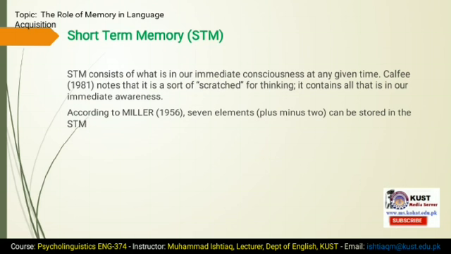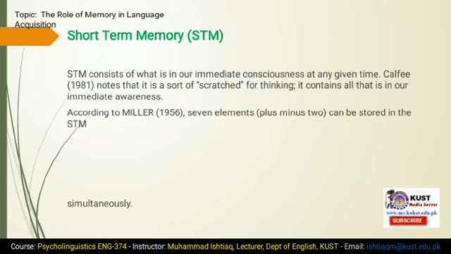There can be nine or there can be five, but generally seven is the median point, meaning up to seven elements can be stored in the short-term memory. Sometimes we can store nine elements, or sometimes five elements. But generally seven is the standard for everyone. No more than seven elements can be stored in the short-term memory.